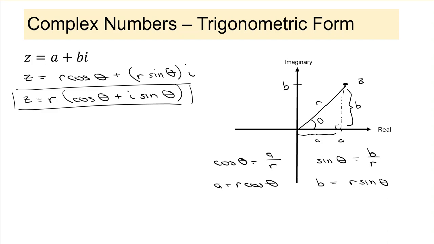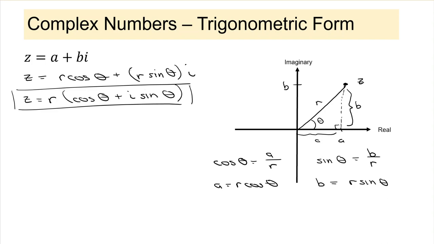Now, we have to find values for our r and our theta, right? So if we were actually converting a complex number in rectangular form into trigonometric form, we'd have to find some way of figuring out what r and what theta is. So how would we do that?